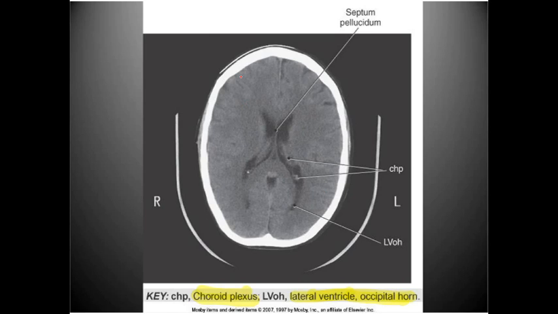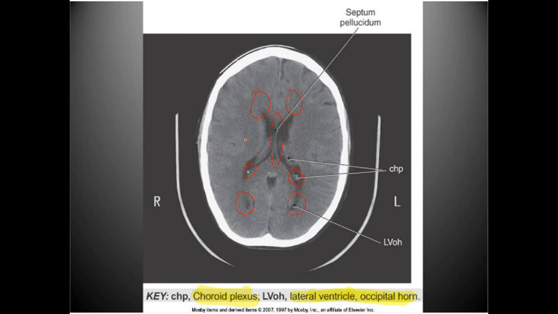Here we are in the lateral ventricle once again. We have the septum pellucidum here. We're coming out of the frontal horn of the lateral ventricle. We're seeing almost the occipital horn here, and interestingly enough, we see this structure here.